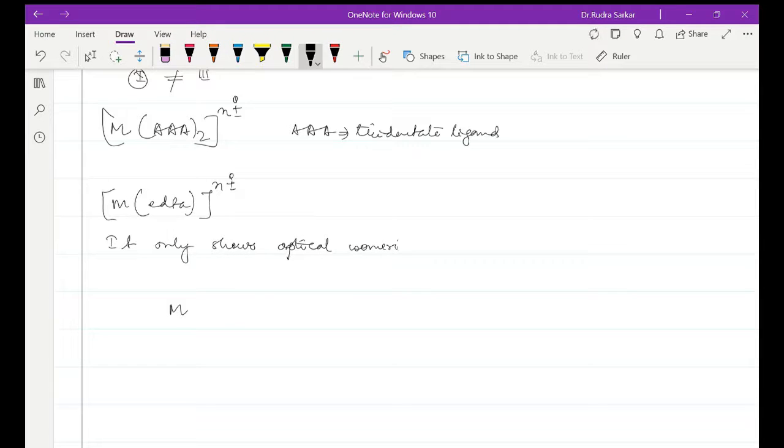Why does it show optical isomerism? Because it has no sigma plane of symmetry. So for the EDTA complex, we know there are 2 nitrogens. So we will place these 2 nitrogens like this. And there are 4 acetate groups. So we'll place the O in one of them like that, in another one like this, and try to maintain the connectivity.